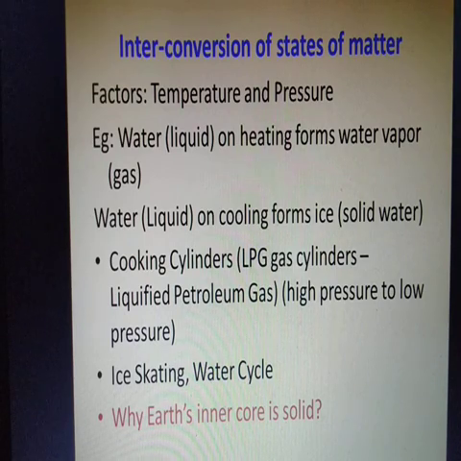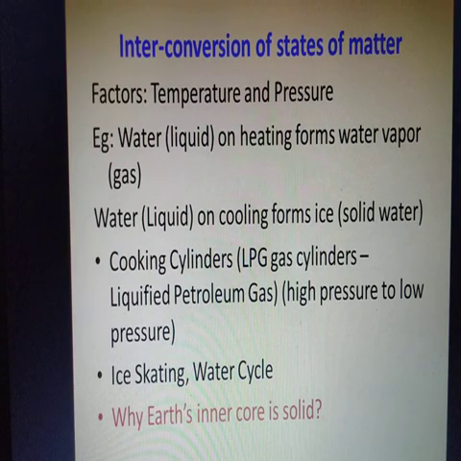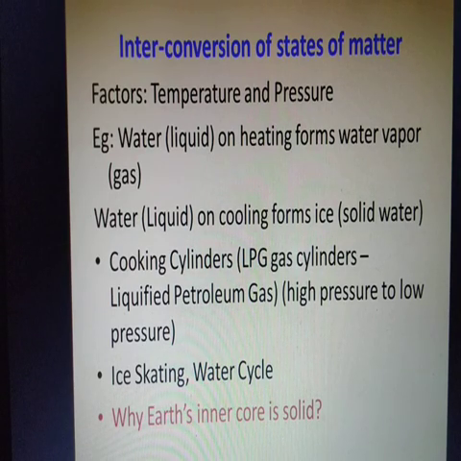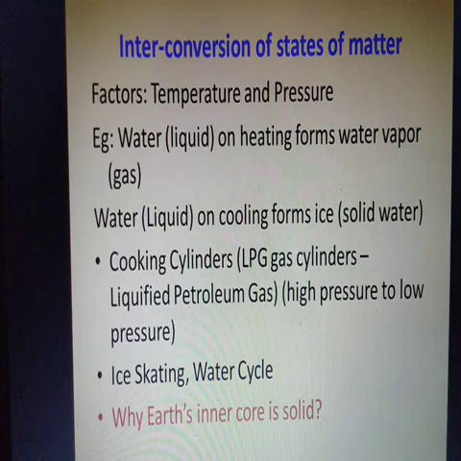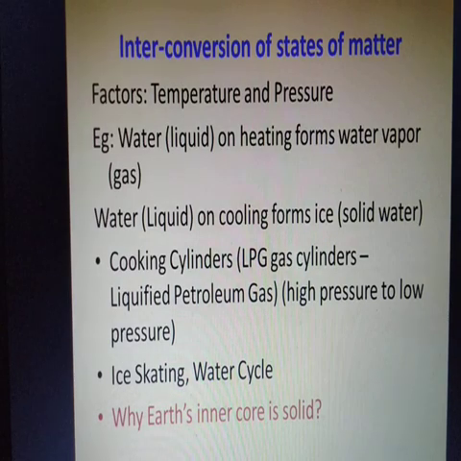Now coming to the next, which you have probably already read in the previous class, that is interconversion of states of matter. That means conversion of one state of matter into another, and then returning back to the original state. That's called interconversion. It's not only conversion. If only one step takes place, from solid to liquid to gas, that's basically only conversion.